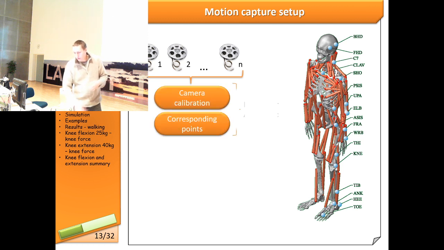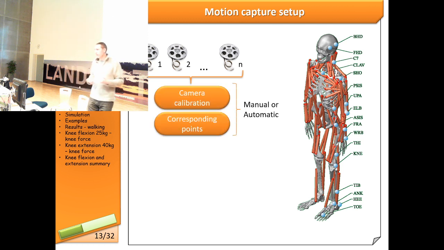So once you get the recordings, you have to have the camera calibration. So each camera has a focal length, and you can have wide or narrow angle. And depending on that, the transform from the real world to the 2D space that the camera is seeing can be done. And of course, then you can do the transformation the other way around, having the image from different cameras and having the corresponding points.